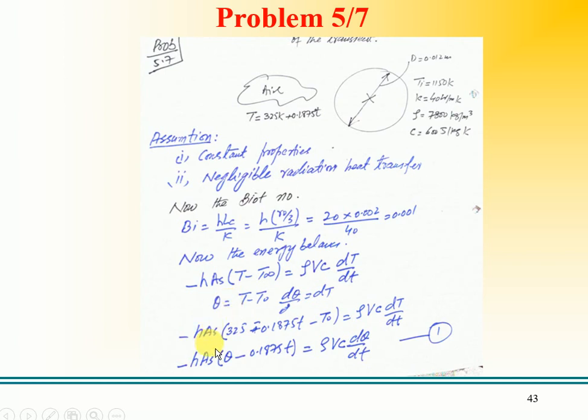So it is minus h As, putting the value of T infinity as 325 plus 0.1875 t, where small t is the time and capital T is the temperature, minus T naught, equals rho V c d theta by dt. So it becomes theta minus 0.1875 t, times rho V c, equals d theta by dt. This is my equation number 1.